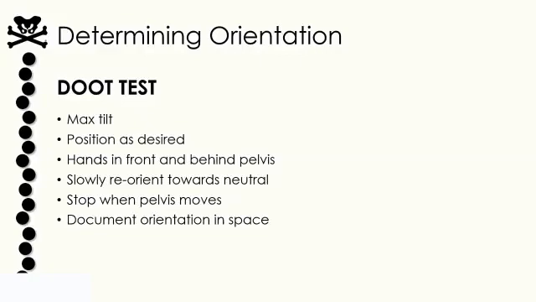So we're going to tilt them all the way back, feel for movement, start to bring them back up, and decide at what point in space they start to increase the lumbar lordosis, when they start to tip anteriorly. At the point the pelvis starts to move, you're just going to stop and pause. So that tells you they need to be in that level of orientation in order to keep the lumbar and pelvic positioning in that spot.